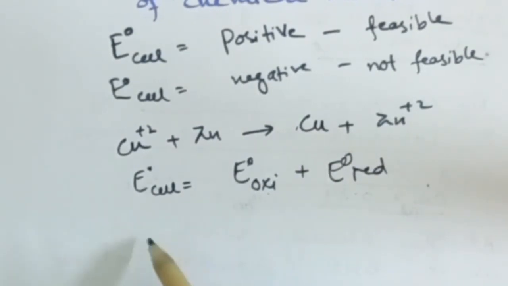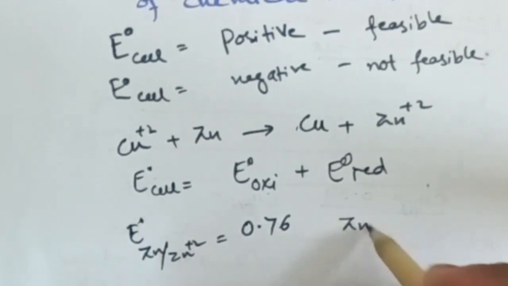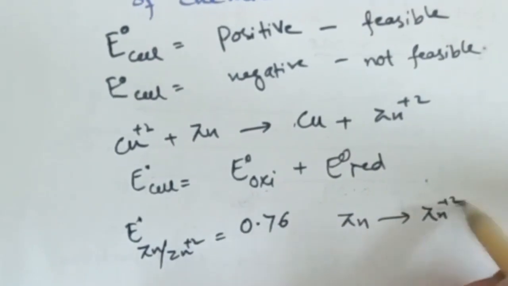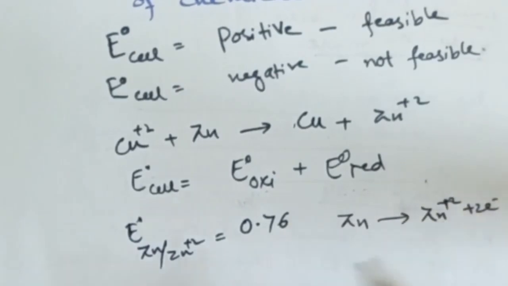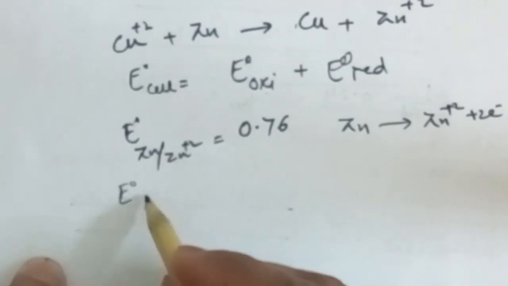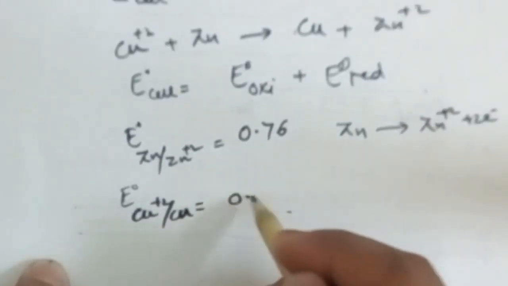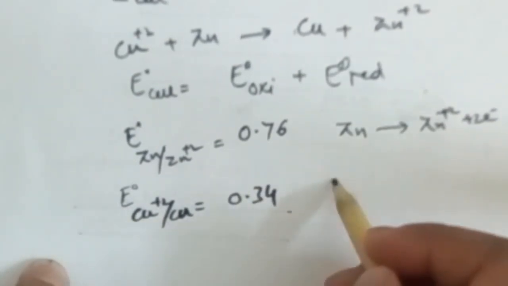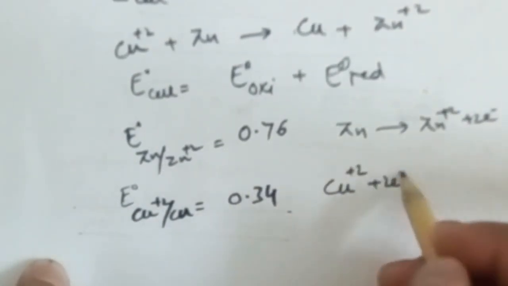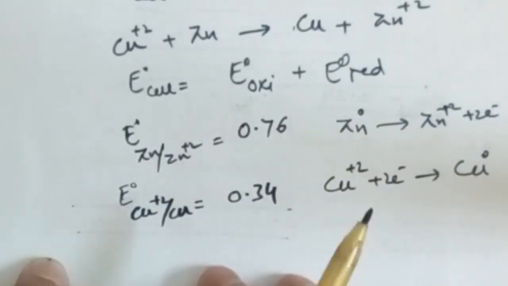The oxidation potential for zinc is 0.76, that is, zinc is going to oxidize, and for copper it is 0.34, and copper is accepting 2 electrons and converting to elemental copper.